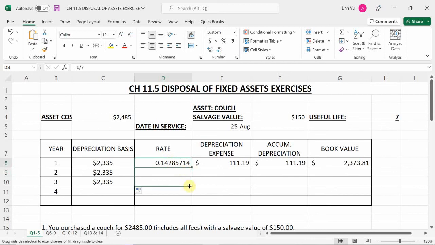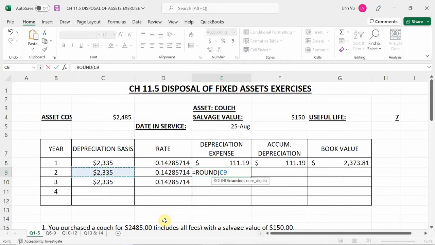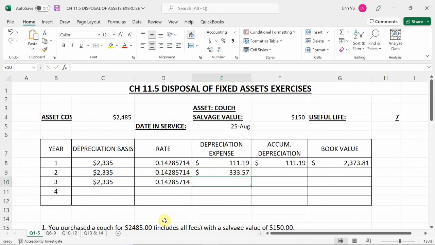So then, how do I solve for my depreciation expense for the second year? $333.57.